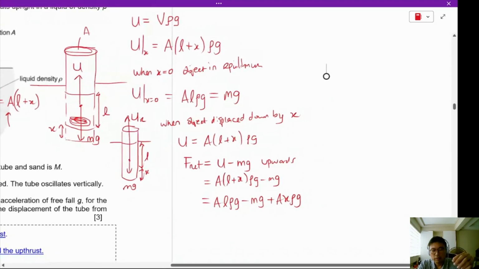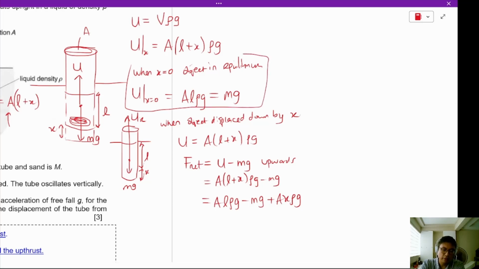Okay, so let's take a look. Remember that when x is equal to 0, the object is in equilibrium. AL rho g is equal to mg.